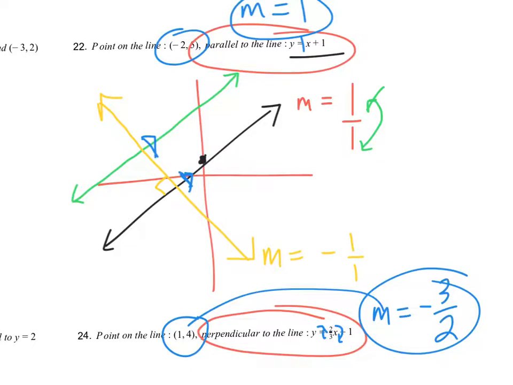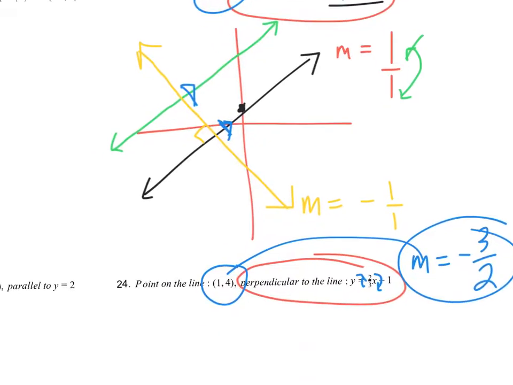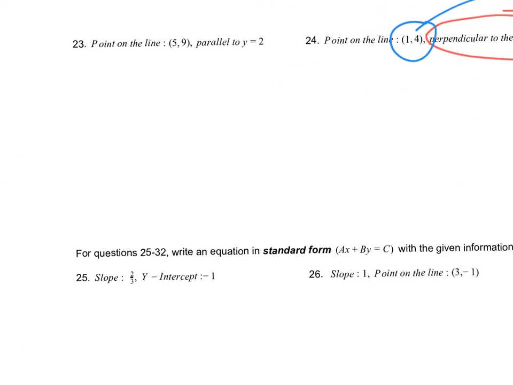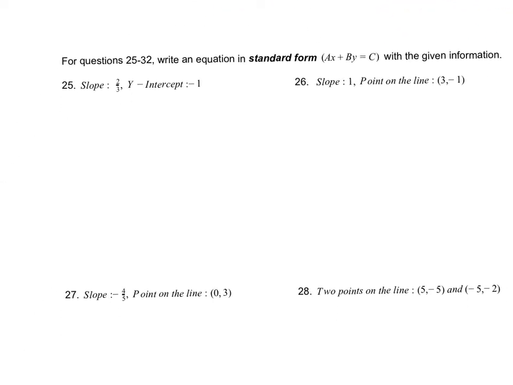Okay, so this video is getting kind of long, but the last section here just talks about standard form. The steps for how you will complete questions 25 through 32 are pretty similar. You could always write it in slope-intercept form.